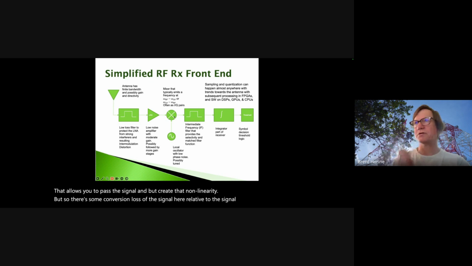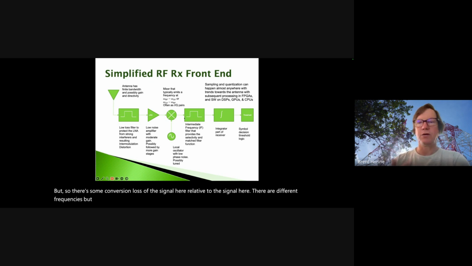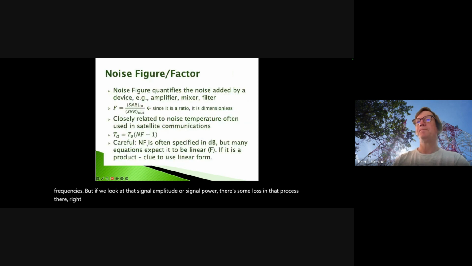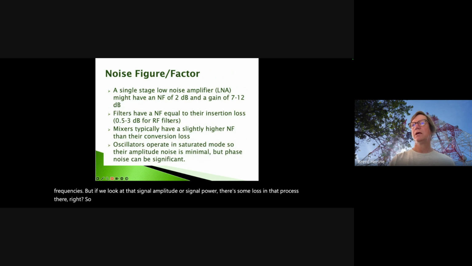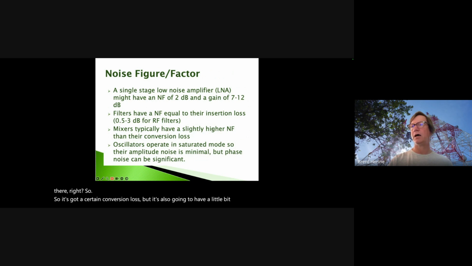They're at different frequencies, but if we look at the signal amplitude or signal power, there's some loss in that process, right? So it's got a certain conversion loss, but it's also going to have a little bit of additive noise, and so it'll have a slightly higher noise figure than its conversion loss.